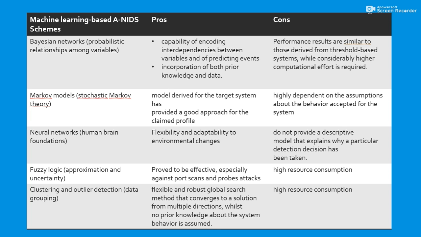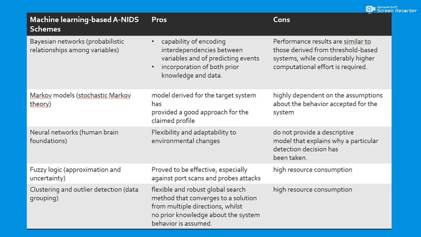And then comes neural network, which simulates the operation of the human brain. Neural networks have been used in the field of anomaly intrusion detection mainly because of their flexibility and adaptability to environmental change.